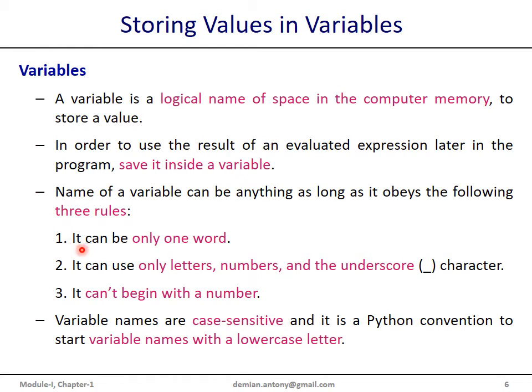First is, it can be only one word. Second, it can use only letters, numbers, and the underscore character. And third is, it cannot begin with a number. The variable names are case sensitive, and it is a Python convention to start the variable names with a lowercase letter.